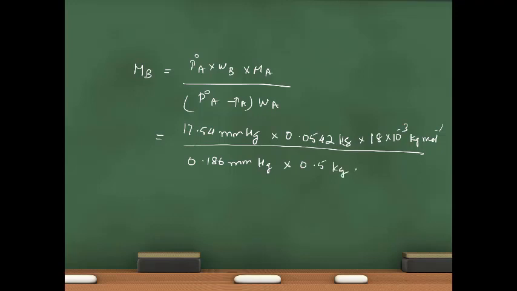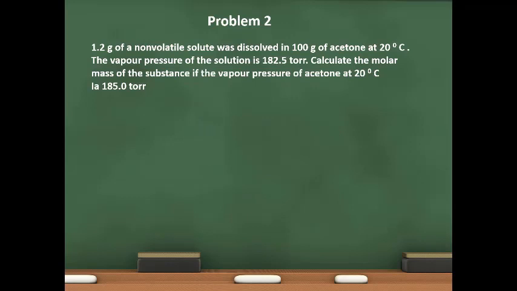So millimeter mercury got cancelled, kilogram got cancelled. You will get the answer as 0.1840 kilograms per mole.